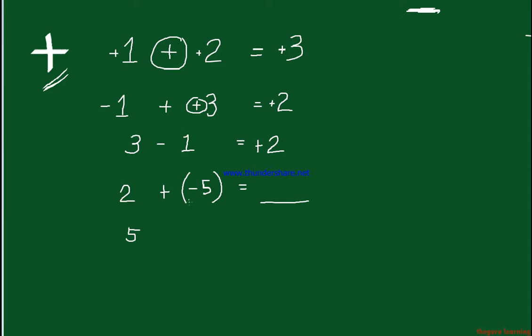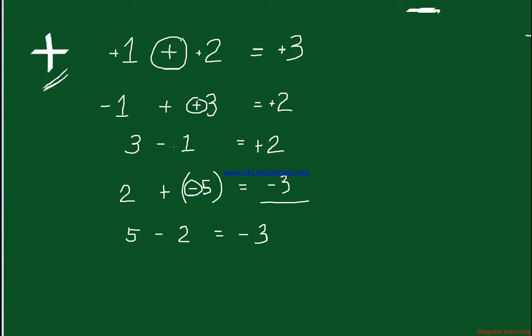Subtracting it, because they have unlike signs, to 2, we have 3. But what will be the sign of 3? We will follow the sign of the number which has the greater absolute value between the two. And the absolute value of negative 5 is greater than the absolute value of positive 2. So we follow this negative 3.